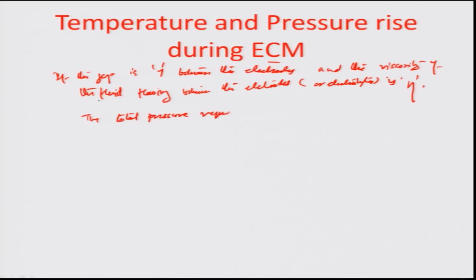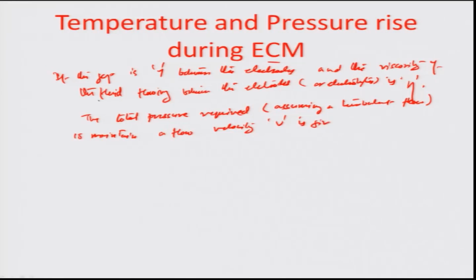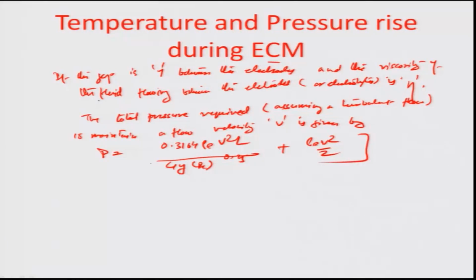required, assuming a turbulent flow behavior, to maintain a flow velocity V is given by P equal to 0.3164 rho e V square L divided by 4 y Re to the power of 0.25 plus rho e V square by 2.